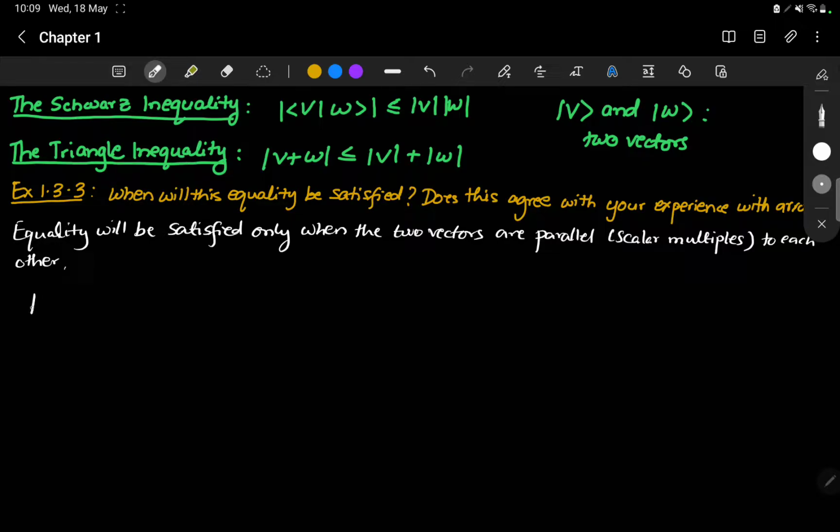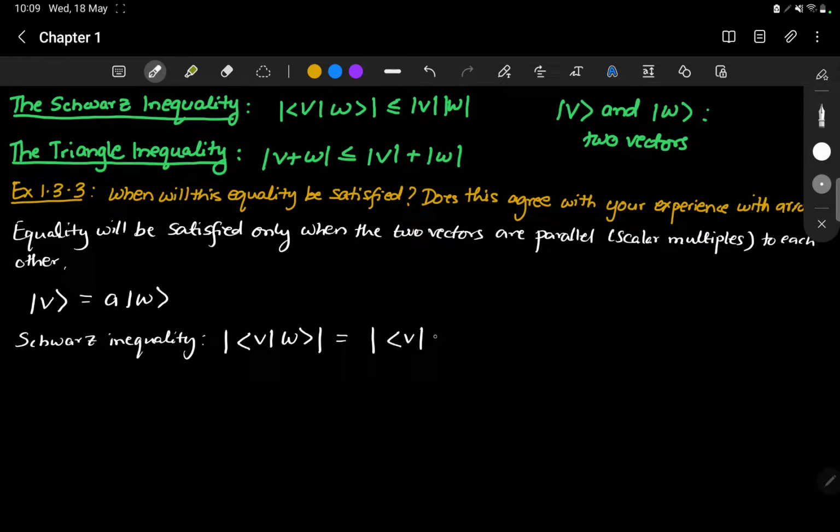So, let us consider V is a vector which is some scalar multiple A times another vector W. So, let us look at the Schwarz inequality in this case. The Schwarz inequality for this case asks us to find out the magnitude of the inner product.